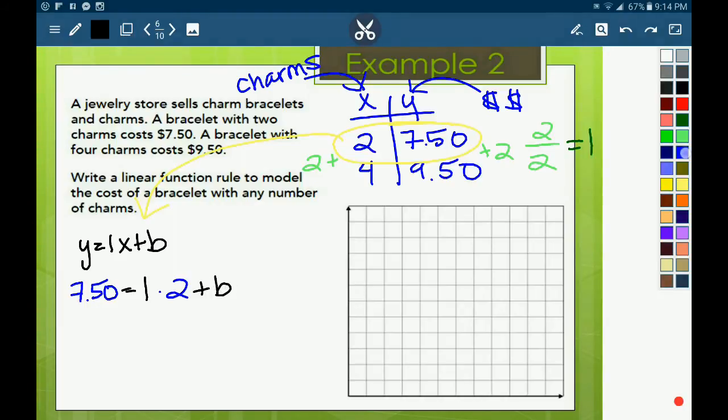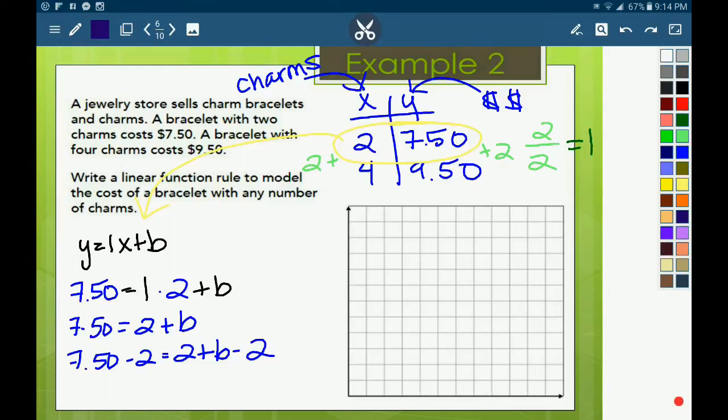I need to simplify now. I have $7.50 is equal to 2 plus b. And then I should subtract 2 from both sides to get b all by itself. So I'm seeing my y-intercept is 5.50.